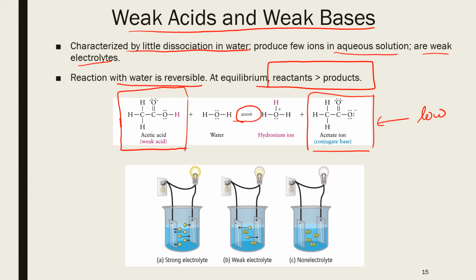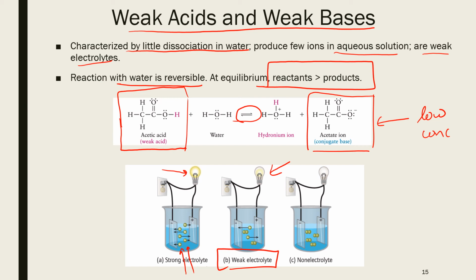So because the ion concentration is low, they are weak electrolytes and they conduct a small amount of electricity. As we learned in the previous chapter, if an electrolyte dissociates completely, it would produce a large number of ions and conduct a large quantity of electric charge, and hence this bulb will glow brightly.